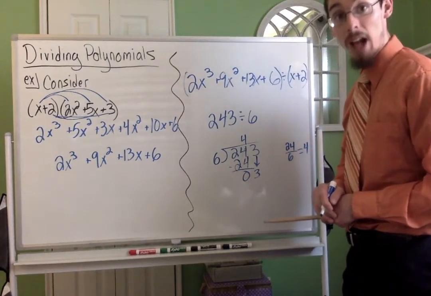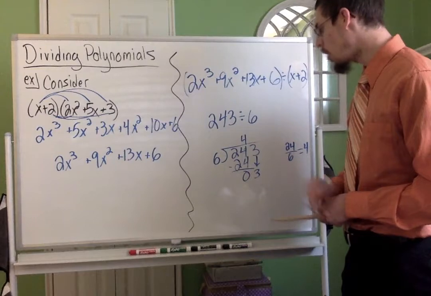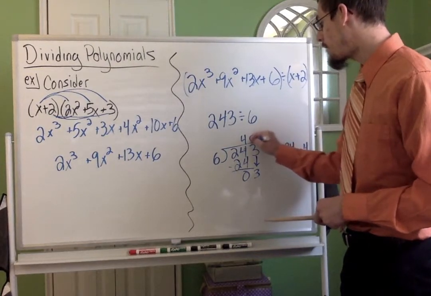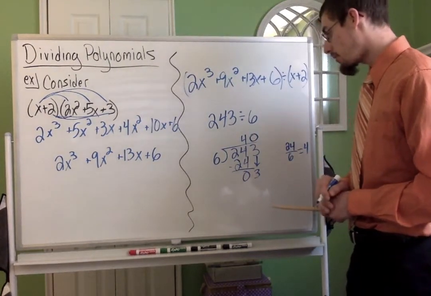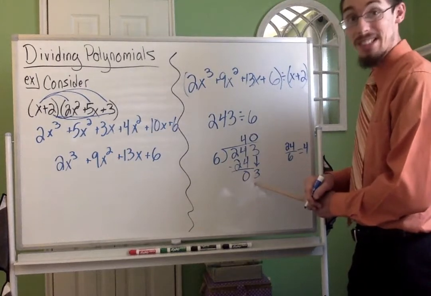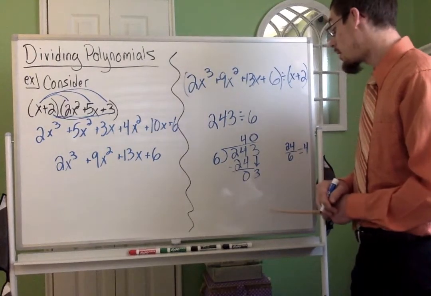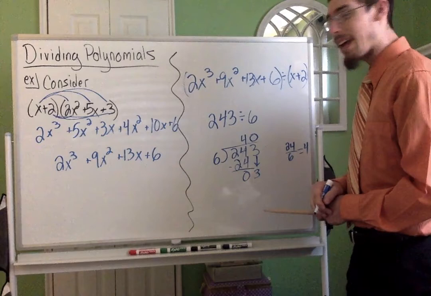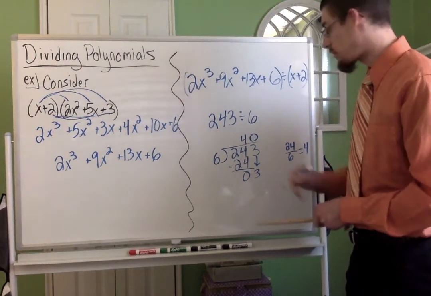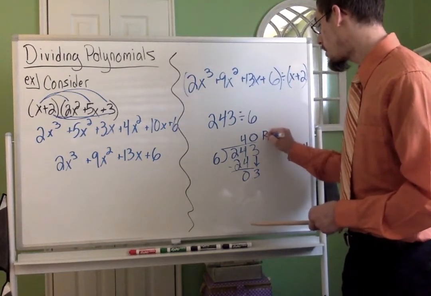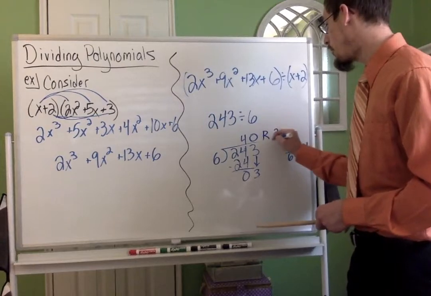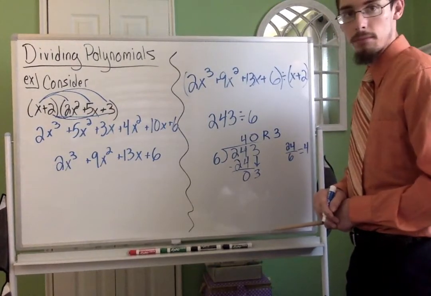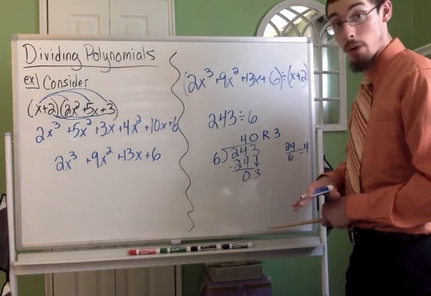It does not, right? So I have to put a 0 here, right? Because 6 goes into 3 0 times. And that means I have a remainder, right? A remainder of 3. For now, that's all we need to worry about.